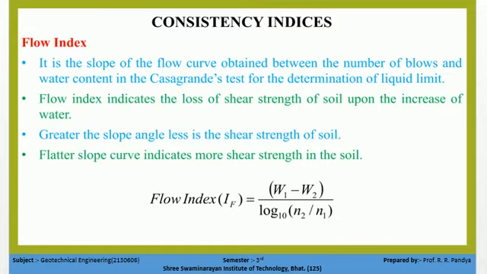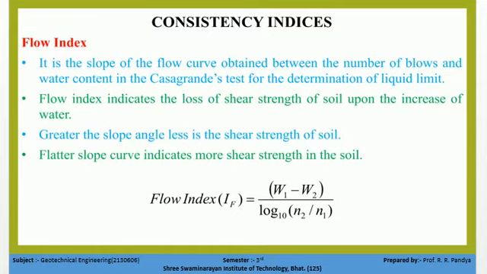Flow index indicates the loss of shear strength of soil upon the increase of water. The greater the slope angle, the lesser the shear strength of soil. A flatter slope curve indicates more shear strength in the soil. Flow index is denoted by IF.